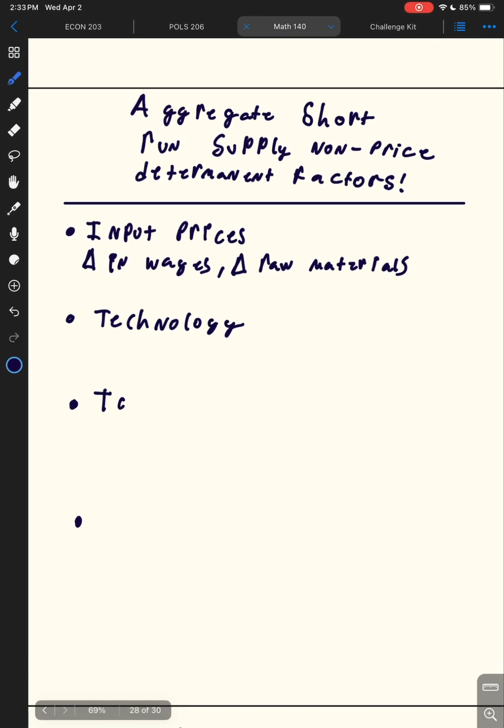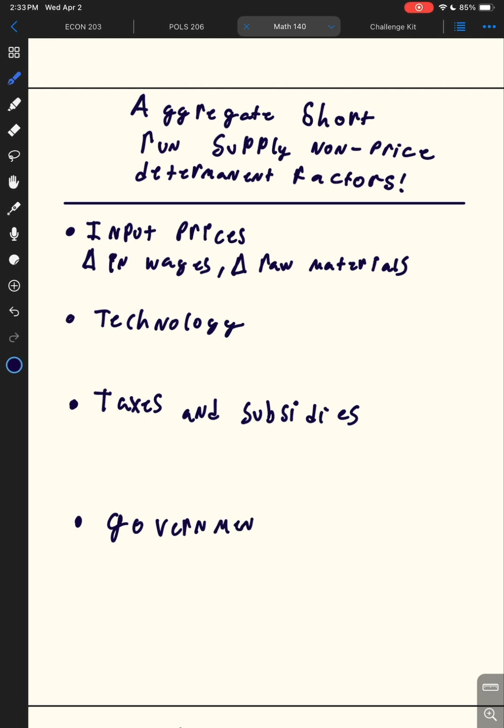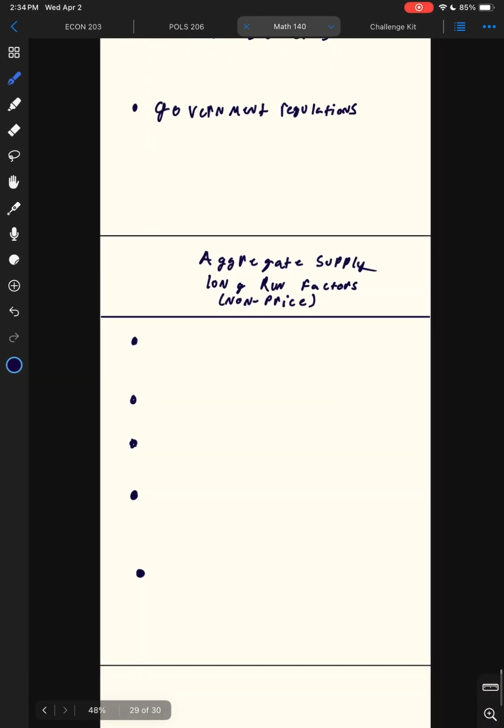Next up is taxes and subsidies. Along with government regulations. And these are the short-run supply non-price determinant factors.